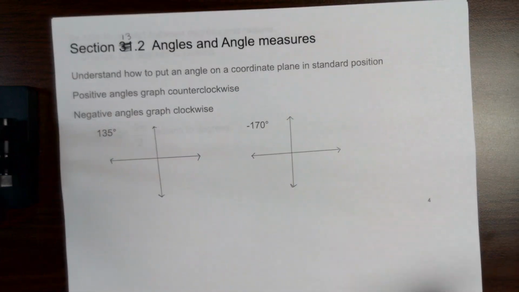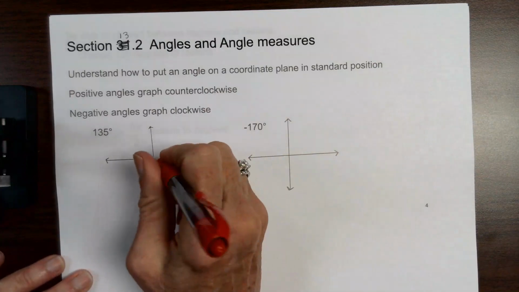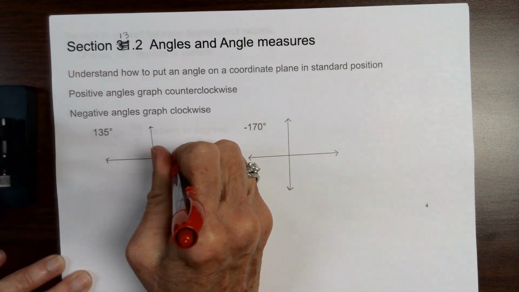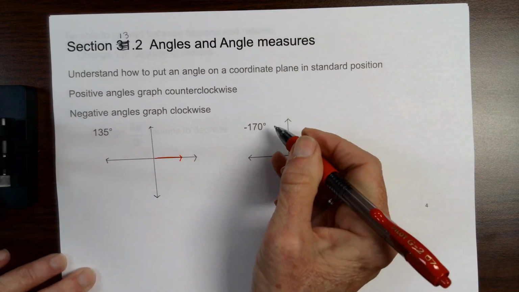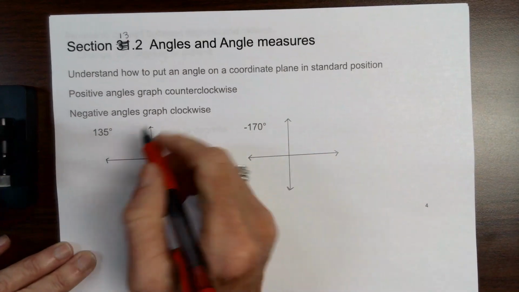All right, 13.2 has to do with angle and angle measurements. Let me get a red marker. All right, if I'm going to put 135 degrees on here, remember your standard position, your initial side is on the x-axis. So if it's positive, I'm going to go counterclockwise.